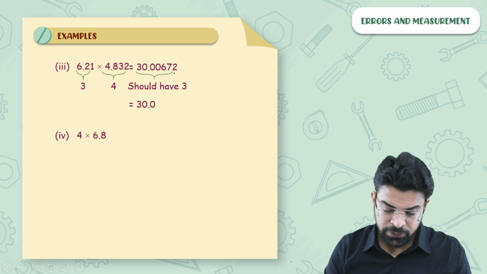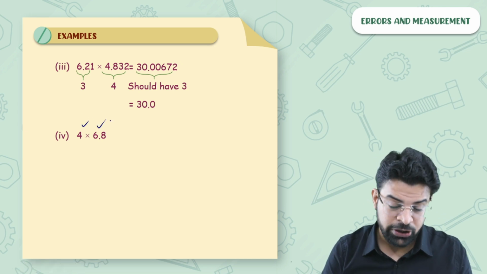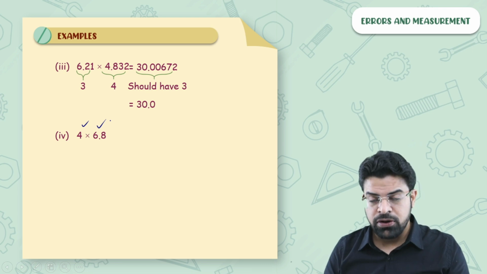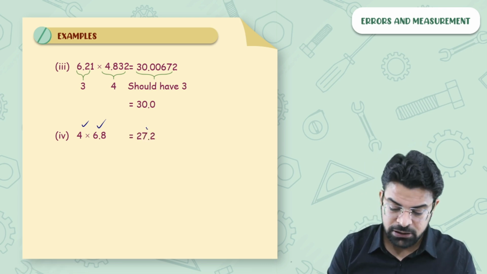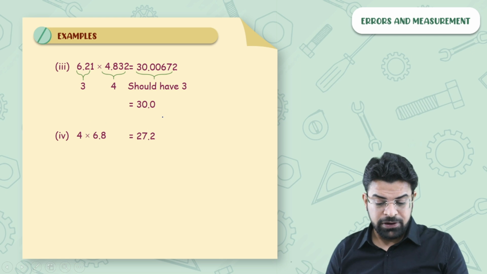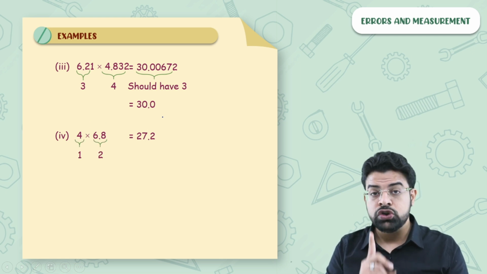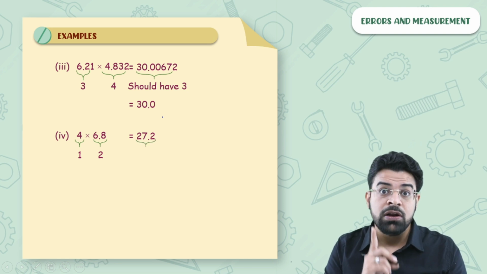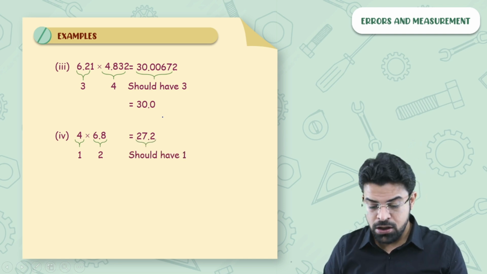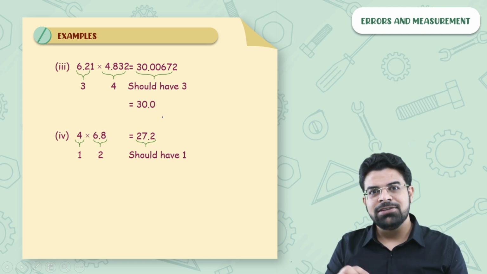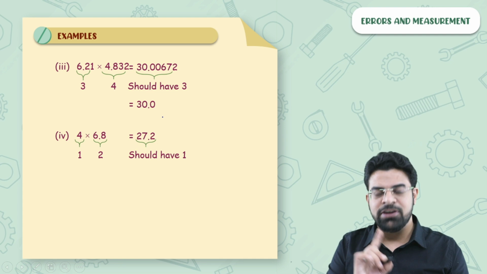The next one, if you have 4 times 6.8, this is a tough one, 4 times 6.10. What do you get on multiplying? We get 27.2. The first one has 1 significant figure. The second one has 2 significant figures. So the answer should have only 1 significant figure. How should I write 27.2 so that the answer contains only 1 significant figure?